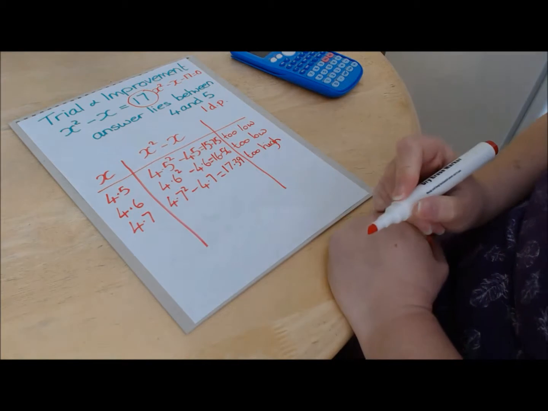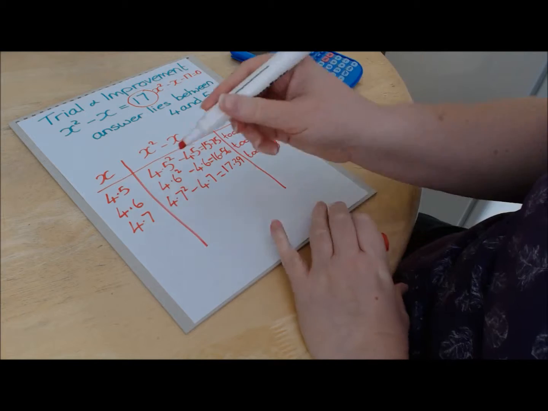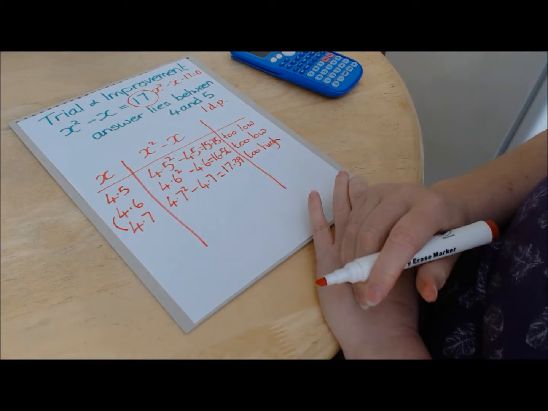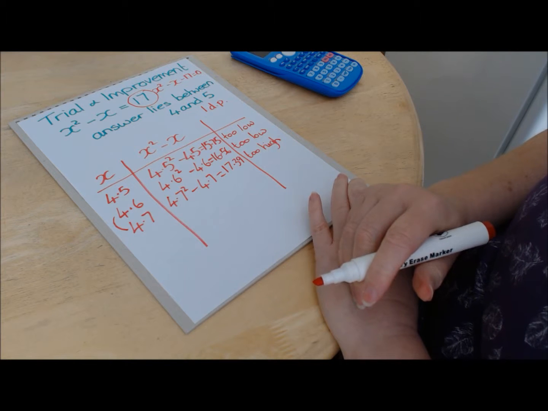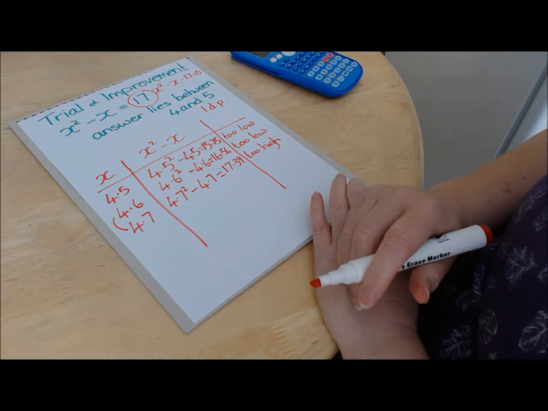But we're almost at the end of our search, because what we now know is that our answer lies somewhere between 4.6 and 4.7. So the only thing we need to know now is which one it's closer to.